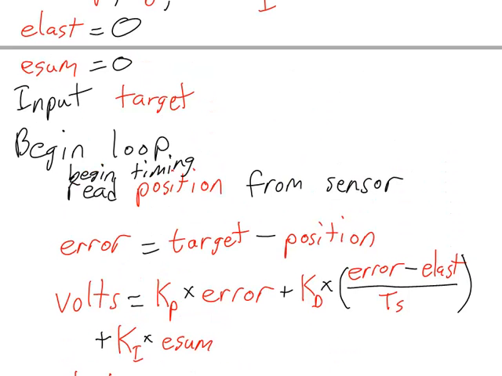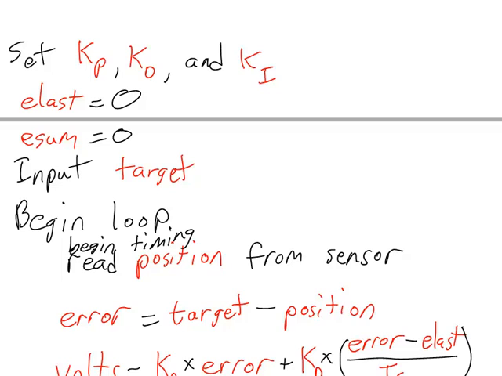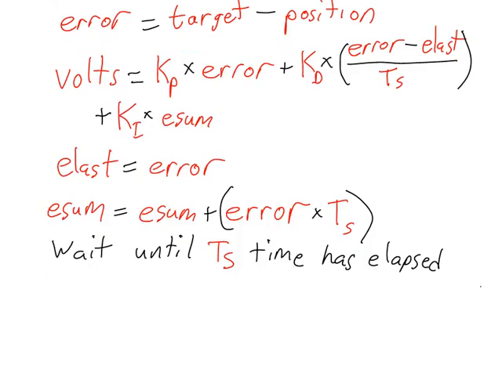We also then need to, way at the beginning, set what value we want for TS. We will practice doing this in our in-class portion of the PID lab. Here, we can now end the loop.